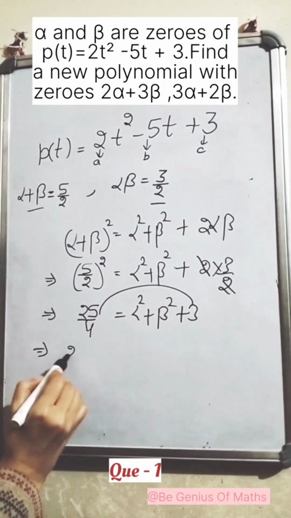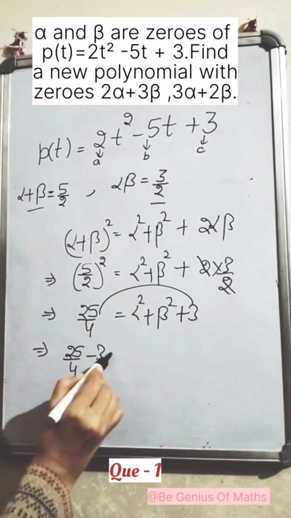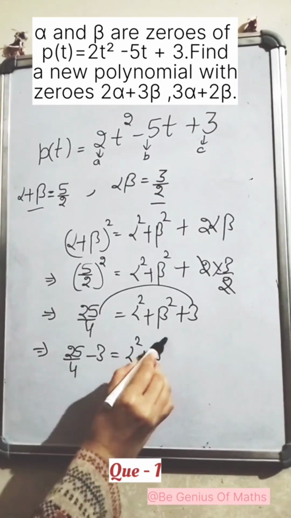On the other side, it will go with a minus sign, equal to alpha square plus beta square.